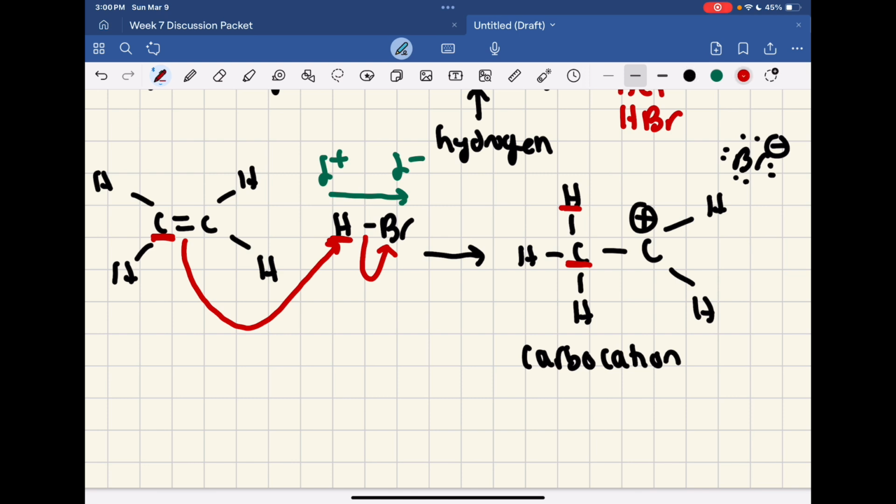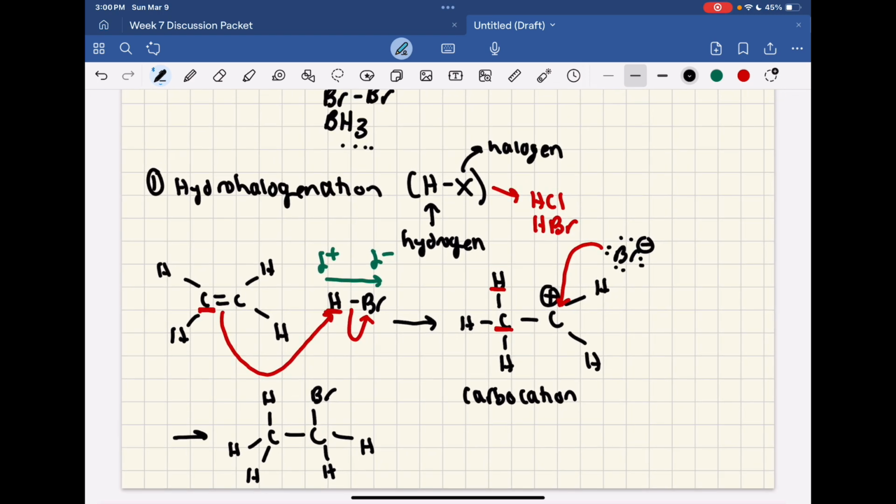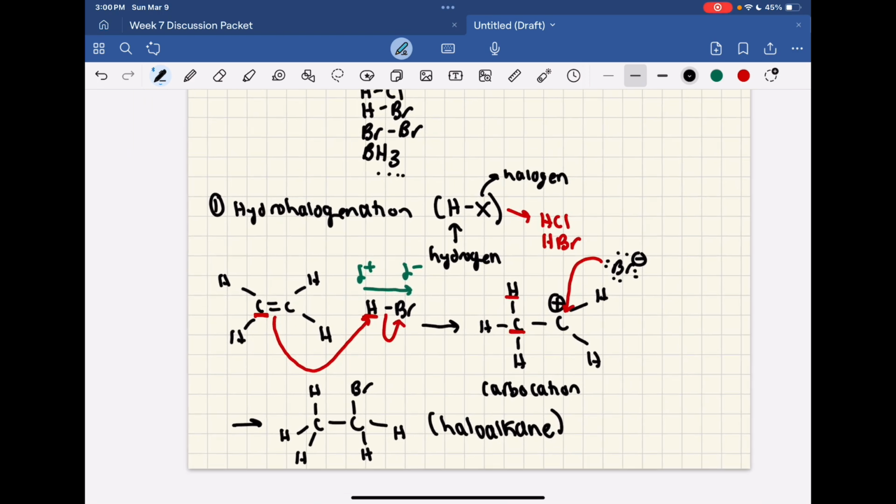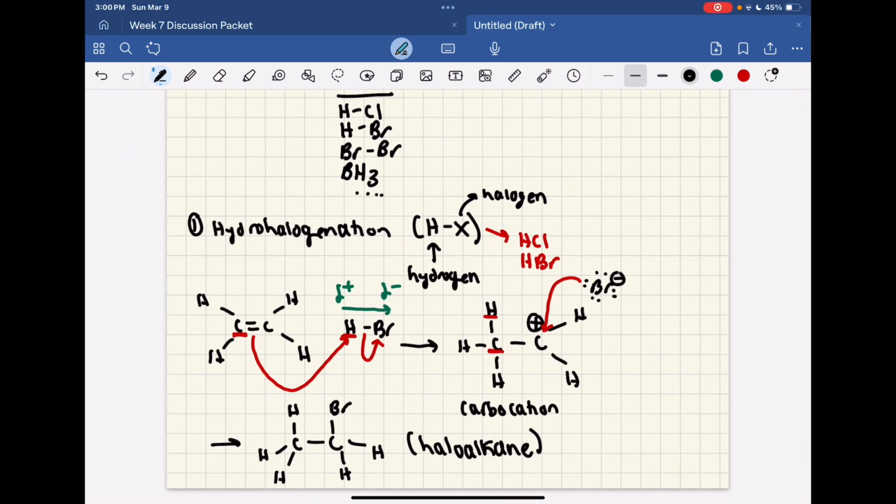Okay, so it makes sense that this nucleophile attacks that electrophile, that deficiency, and we've effectively added a hydrogen and a halogen across the double bond. This is hydrohalogenation. So the resulting structure should look like this. This is a haloalkane, more specifically a bromoalkane, but I just want you to note that we can add a hydrogen and a halogen across a double bond in a reaction called hydrohalogenation.